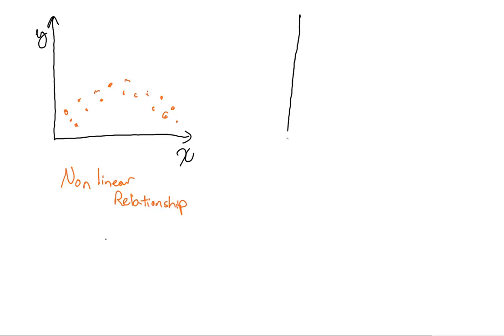Another type that we have, here's the x, here's the y, is if I do points that kind of are all over the place, okay? Notice there's no real shape to this.